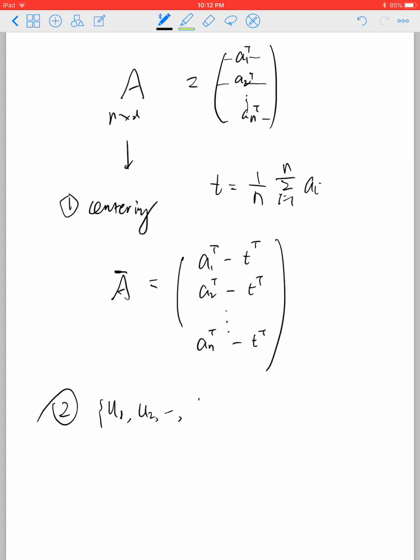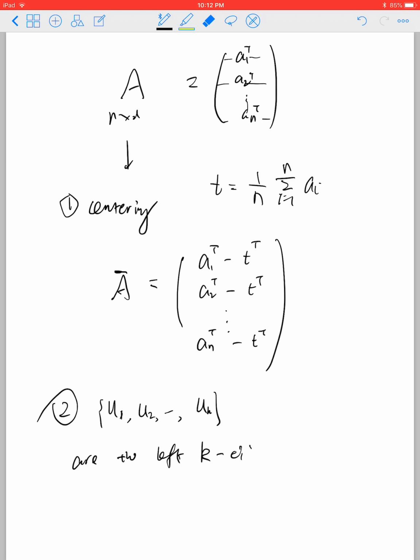And what is the optimal centering vector? The optimal centering vector for F, that is c here, is simply T.